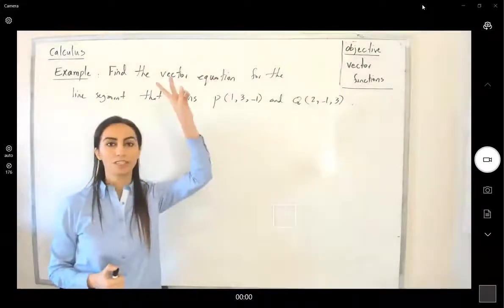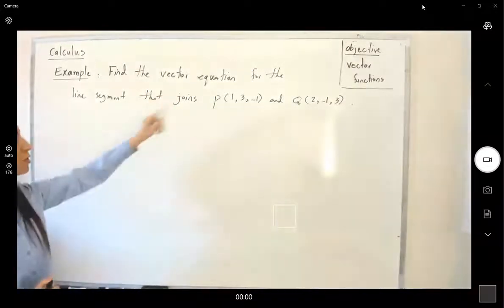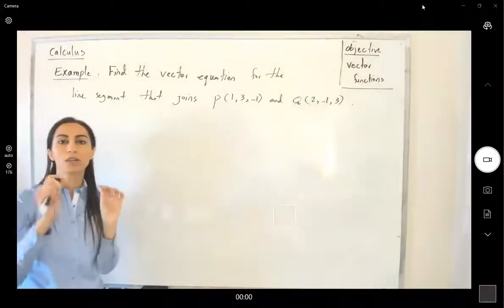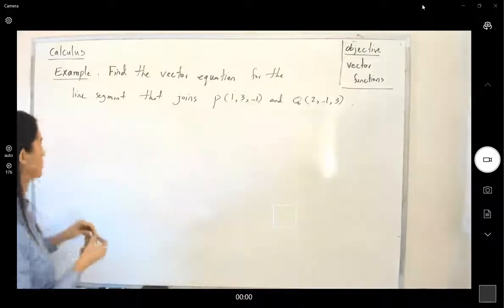So we have 2 points in the space, and we want to write down the equation of the line segment.